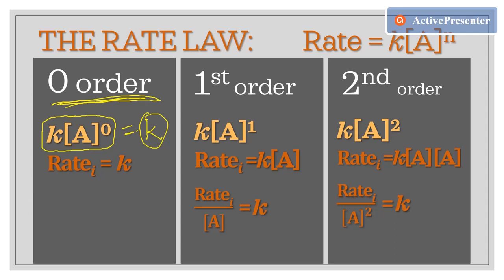So the initial rate, and here's a lowercase italic i as a subscript I put on there just to show you we're talking about the initial rate, which is when the reaction starts, is going to equal K, the rate constant.